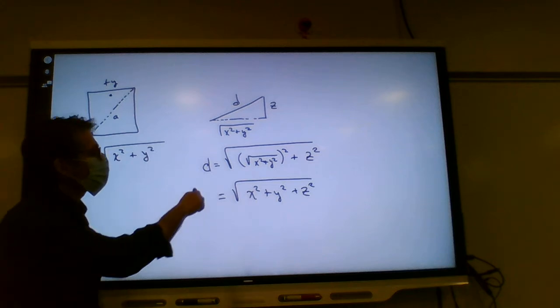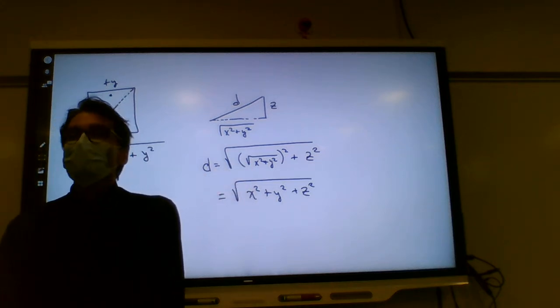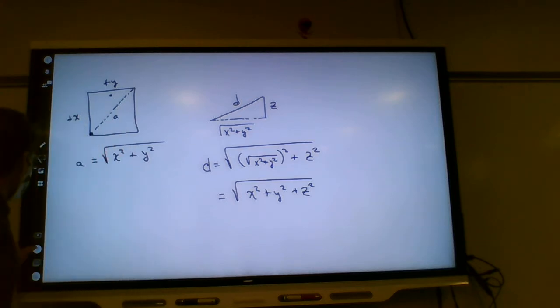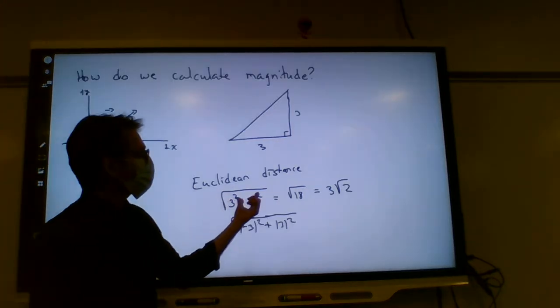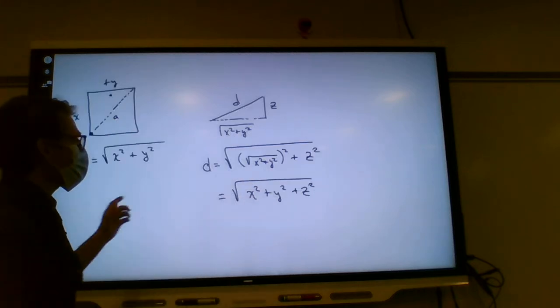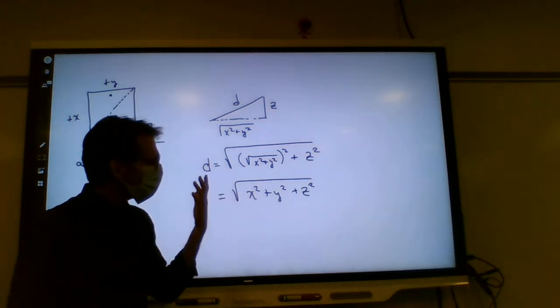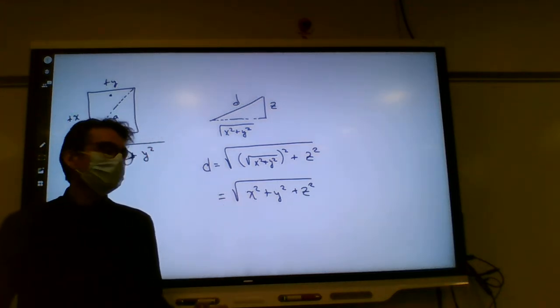And so what happens? This distance is the same as it would have been, at least in terms of the components. This was the x squared plus y squared, and then the square root of everything. This is x, y squared, each one of them. What if this had been a four-dimensional vector?